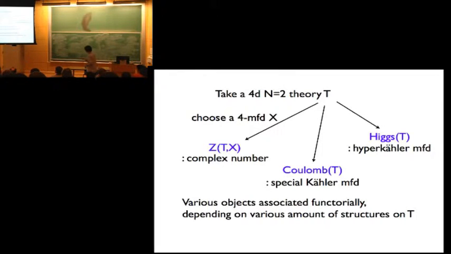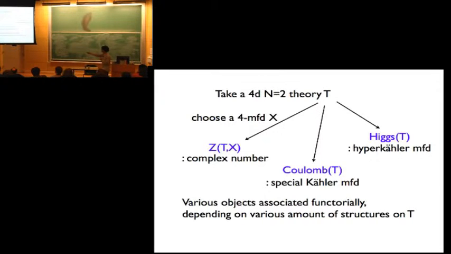Just as in the case of the Riemannian manifold, some of them depend only on a rough structure, and others depend on a more detailed structure. The partition function Z, the Coulomb branch, or the Higgs branch depend on various amounts of information inside this T. For example, the Coulomb branch as a complex manifold doesn't depend on the coupling constant of T, but the Kähler metric on this Coulomb branch depends on the coupling constant.